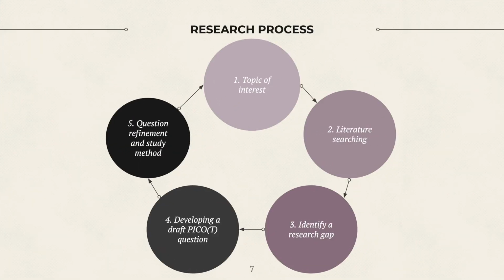Now, if we zoom out and think about the research process from a distance, identifying a research gap makes a bit more sense. So the first thing is that we develop a topic of interest. So not a question, but a topic or area that we're interested in. We don't have a question at this point. We break that topic down into keywords, searchable items, and then we do some literature searching.